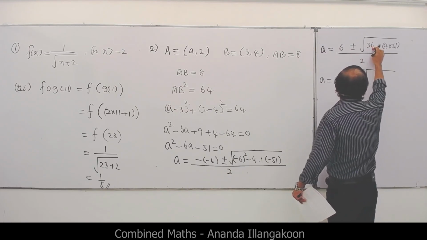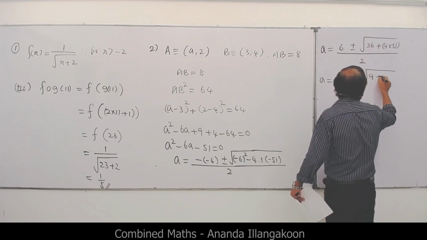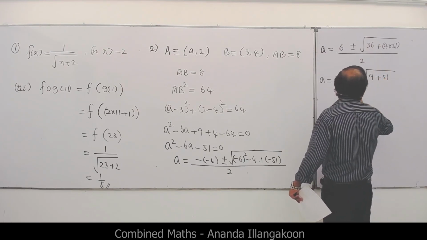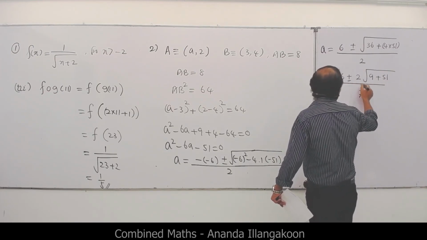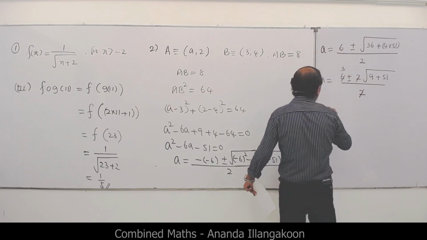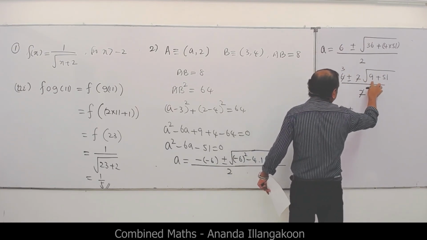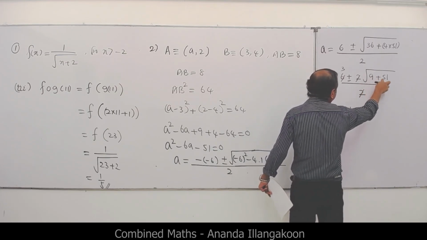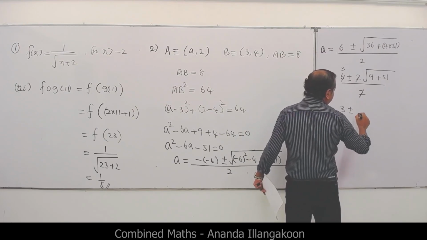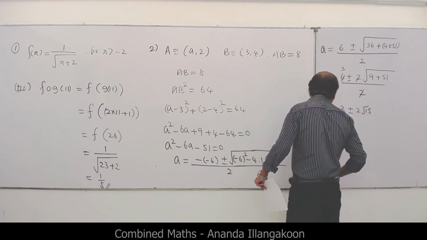Then this 36 we can write as 4 times 9, 4 we took out. Here 9 plus 51, divided by 2. This 2 we can cancel down like this. a equals 3 plus or minus, here we get 60. 60 means root 60, it means 4 times 15. Then 2 root 15 comes in there.